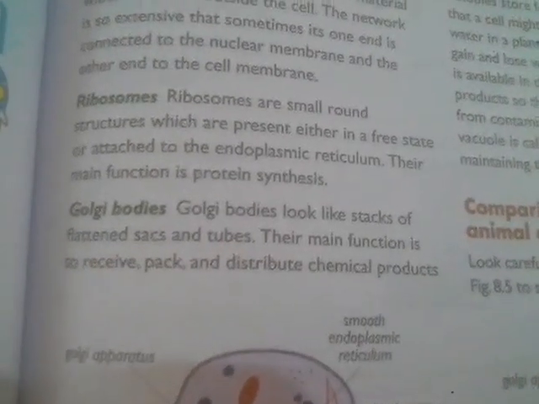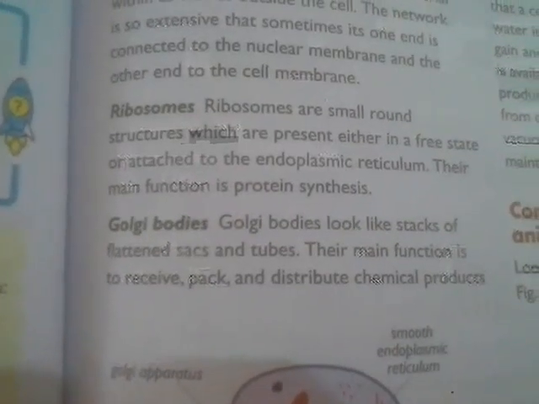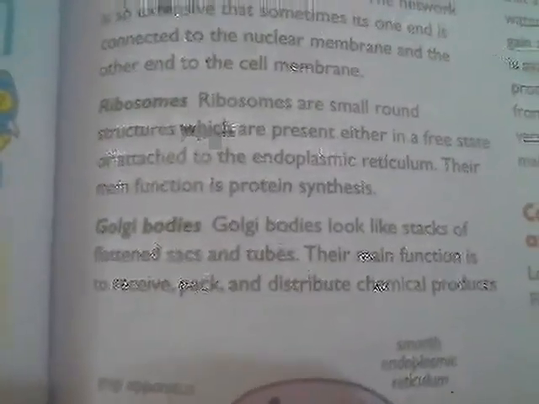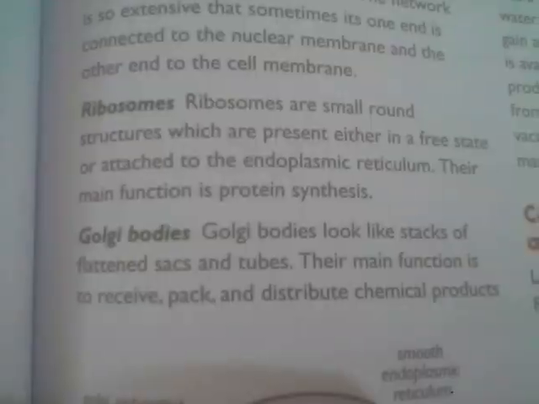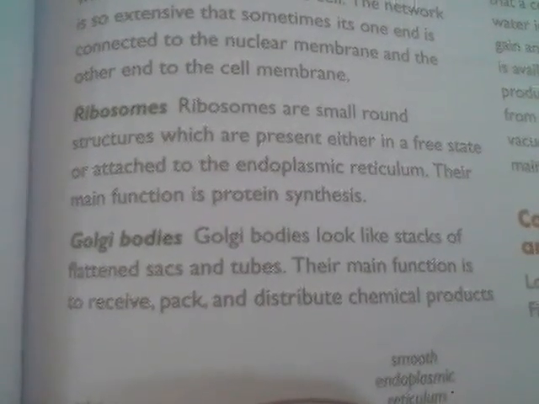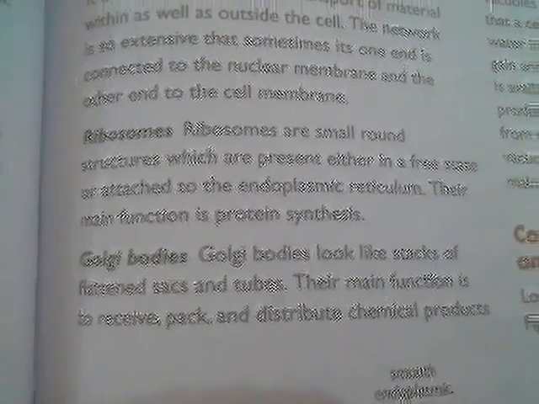Next one is Golgi bodies, sometimes also known as the Golgi apparatus. What is the function of Golgi bodies? It receives, packs, and distributes chemical products, the chemical substances which are required in our body.